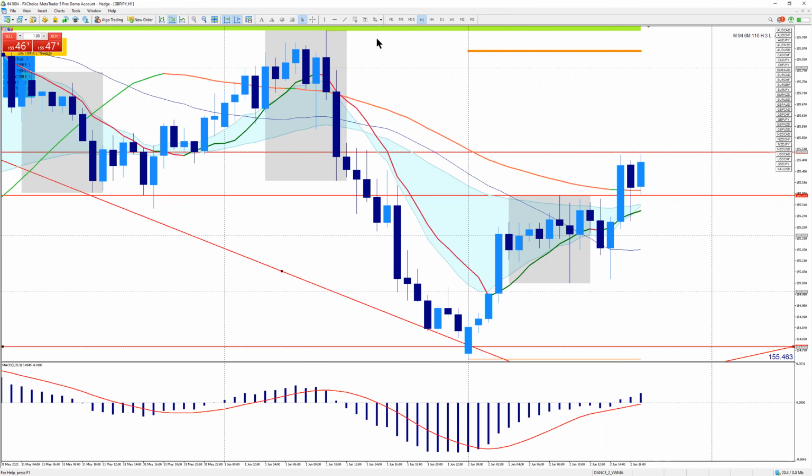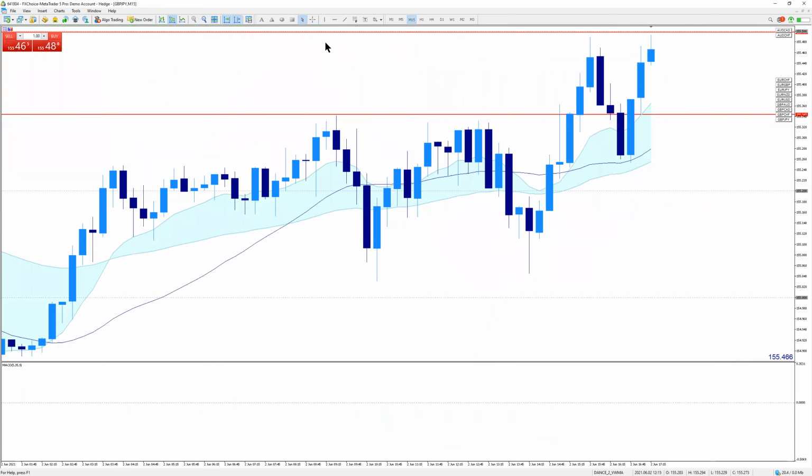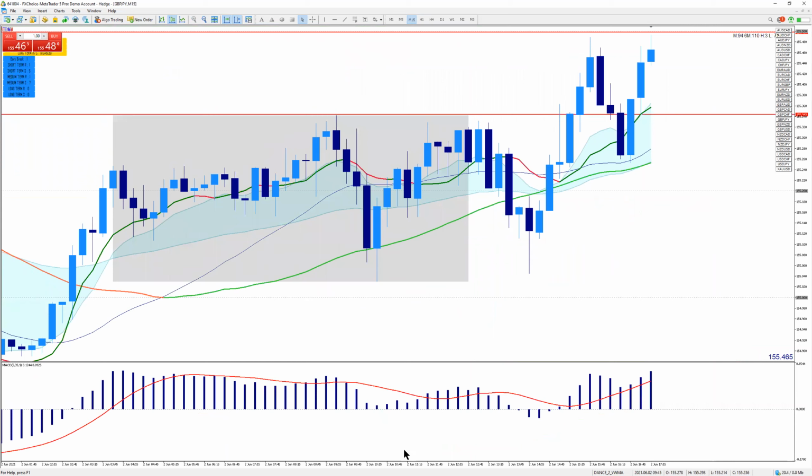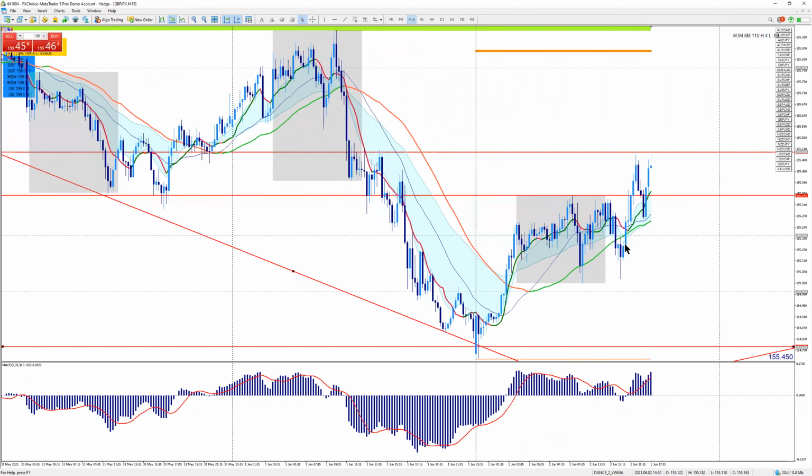Okay, so let's put this back down to a 15-minute chart. If we look at this from the perspective of coming into the New York session, we ask those questions. What did price do overnight? Well, it moved up and sideways.